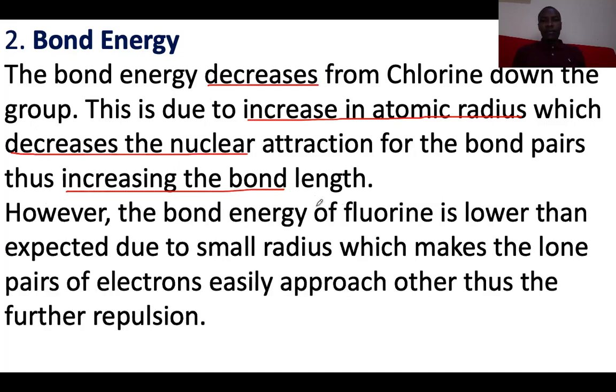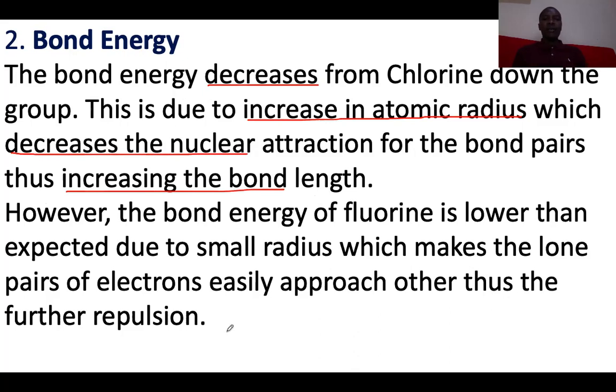However, we must have noted so well that the bond energy of fluorine is lower than expected. So that is an anomaly. And when you're explaining these things, you must talk about the anomalies to be able to understand why fluorine is behaving differently.